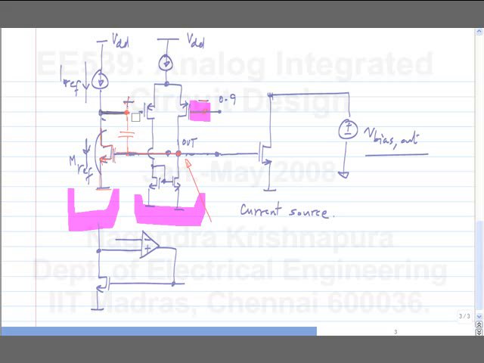And one of the things is this type of thing is being used more and more in bias circuits, because with shrinking geometries, the GDS is reducing. So maybe in 1 micron technology, we just diode connect it and the accuracy is good enough. Now with 0.18, it's not.